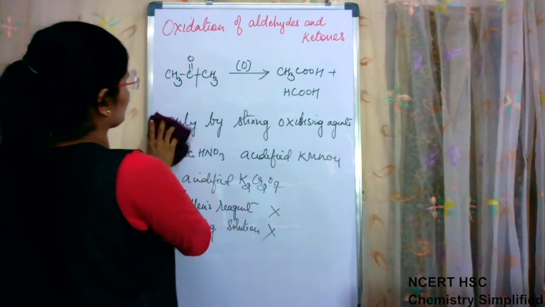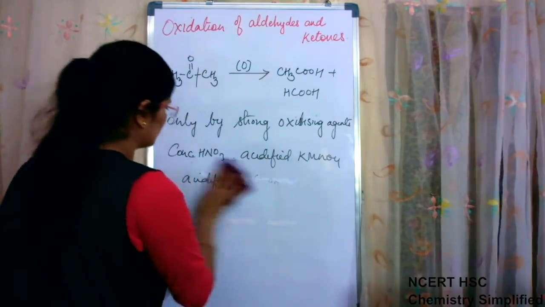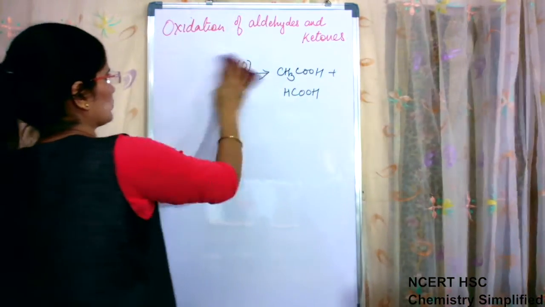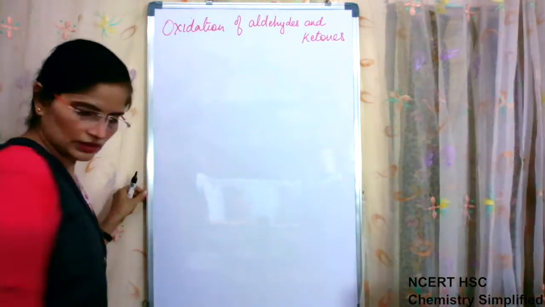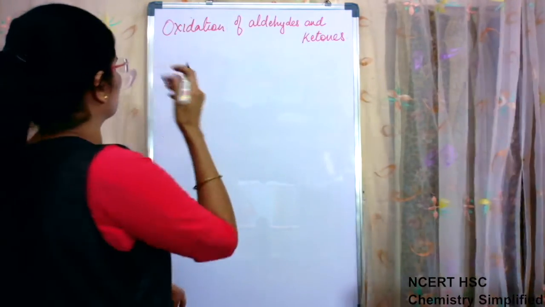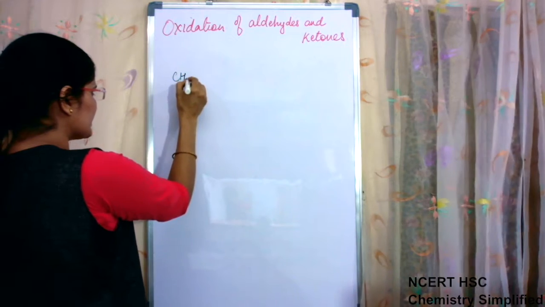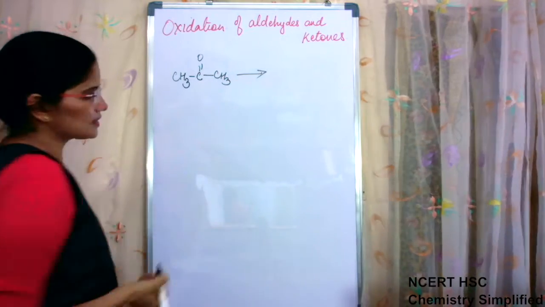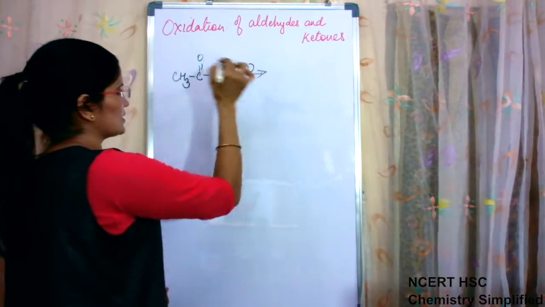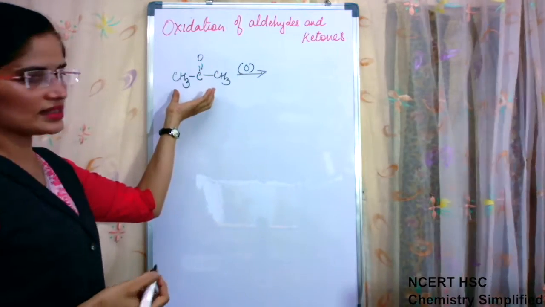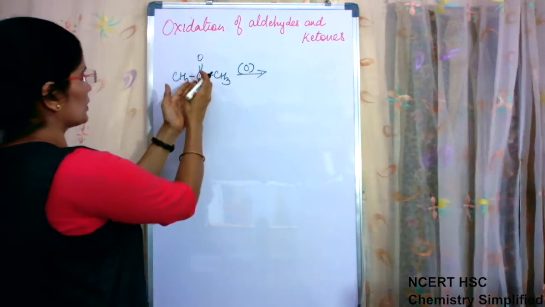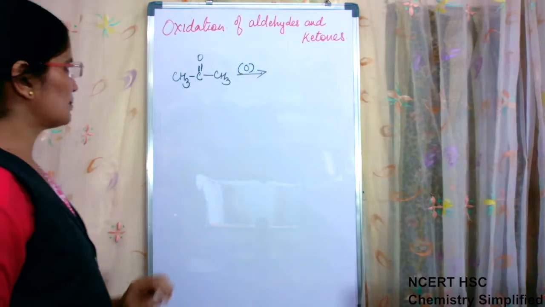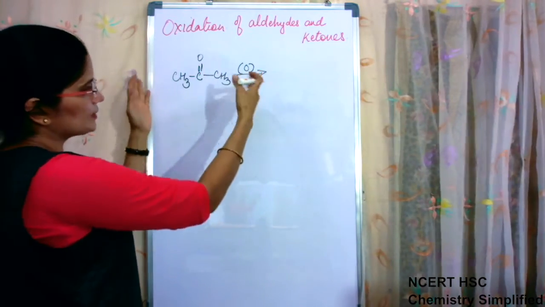Now we take example of a ketone. The example which we had recently taken, CH3, C double bond O, CH3. Now in this condition, when it is oxidized by strong oxidizing agents, because this is a symmetrical molecule, symmetrical means on the carbon which is having double bond O, both the sides equal number of carbon atoms are present, one this side, one this side. 2 are there, then also it is symmetrical.